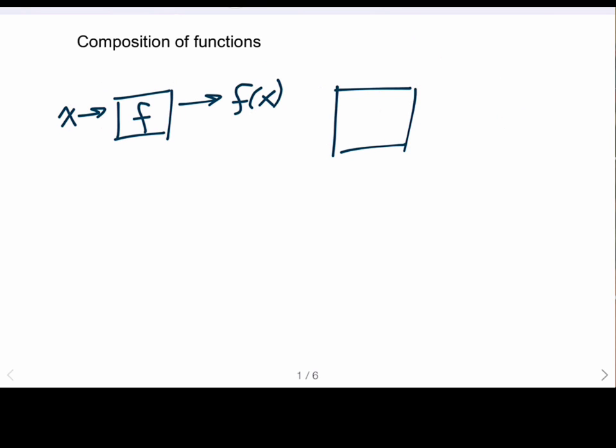So suppose we have another function g, and we take the output from f of x and put it into g. Now, looking at the function notation, when we put x into f, we got f of x. So now, when I put f of x into g, I'm going to get g of f of x.